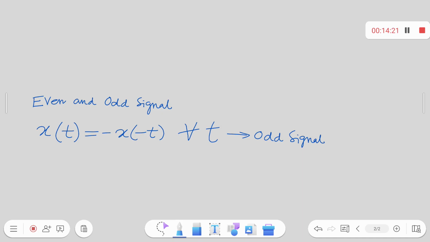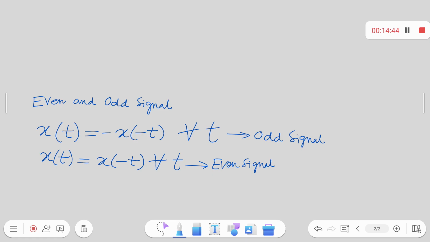On the other hand, if x of t is equal to x of minus t for all t, then we call it an even signal. Clear? Odd signal and even signal.